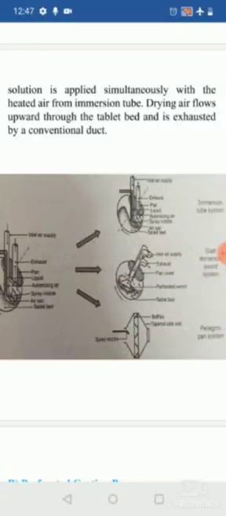In between there will be small metal pieces arranged, which are going to separate the tablets from one another, so there will be more efficient coating of the tablet. The tablets are not going to stick to one another, so there will be more accurate coating of the tablet.